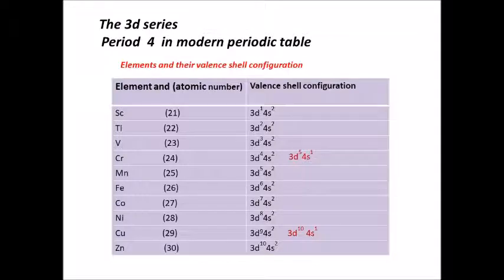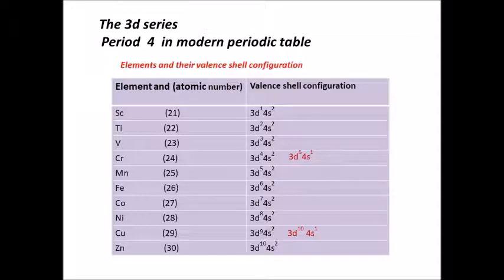Next we go to Mn, that is manganese 3d5 4s2, Fe 3d6 4s2, cobalt 3d7 4s2, nickel 3d8 4s2, and now at copper again, atomic number 29, it should have been 3d9 4s2, but we write that configuration as 3d10 4s1.